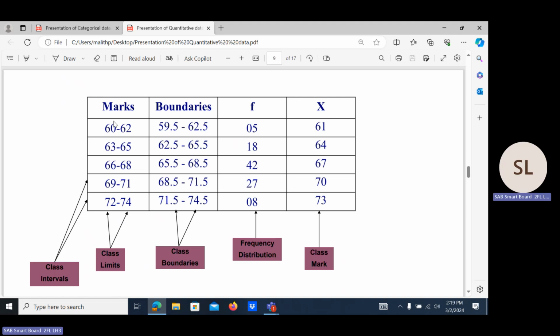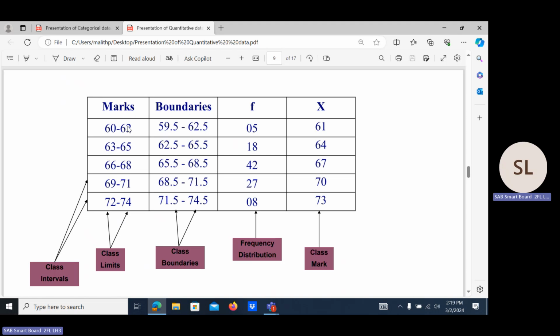These we call class intervals. What is the first class interval here? 60 to 62. What is the second class interval? 63 to 65. Understood?